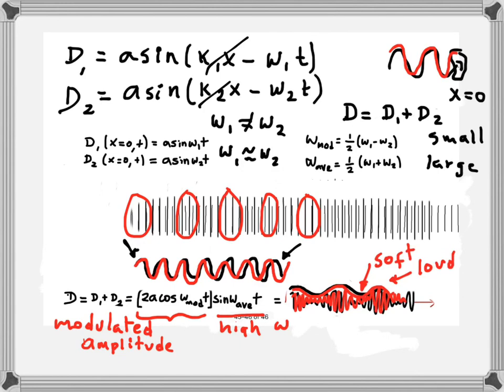It's going to be soft when the two waves are out of sync, and it's going to be loud when the two waves are in step, in sync. And this pattern of soft and loud is going to be repeated with a frequency that we call the beat frequency, which is equal to the frequency of one sound minus the frequency of the other sound. This is what's called the beat frequency.